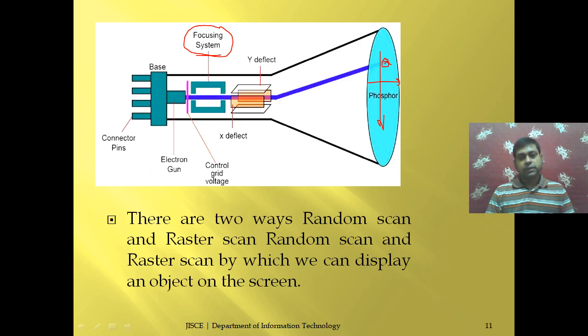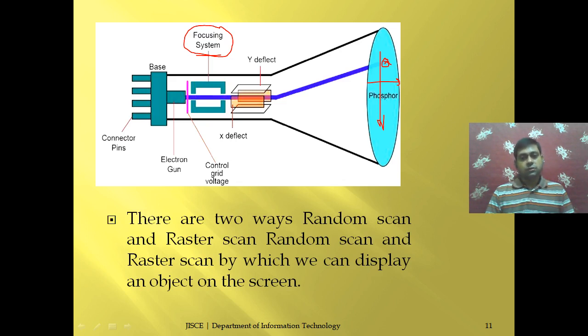The illumination of the screen dots is controlled by the emission of the beam from the electron gun, which is in turn controlled by the focusing system, the X and Y deflectors, and the control grid voltage.